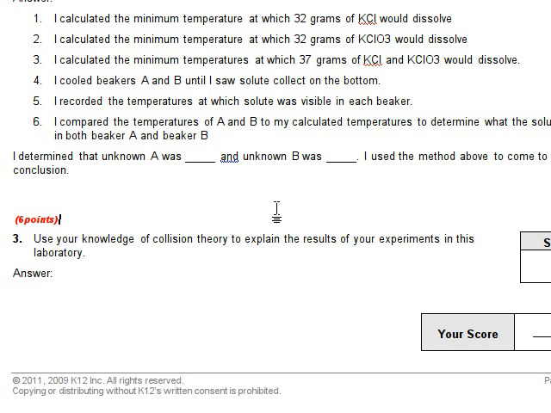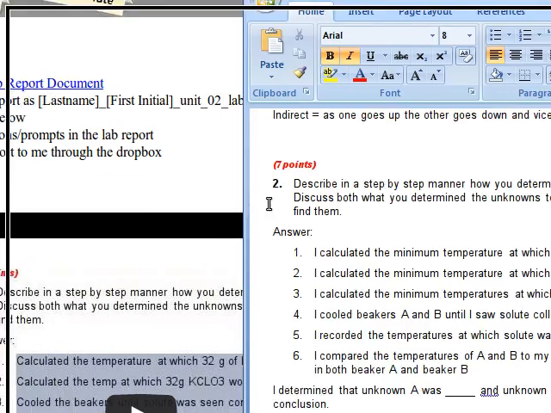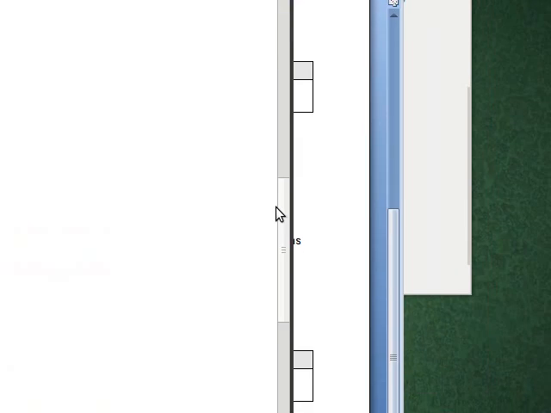And B, collision theory usually is used to explain the speed of chemical reactions, not solubility. So I'm going to give you a sample answer here that you can use as a guideline for your answer. I don't want you to copy it down exactly, but I do want you to use it as your guide. So reword it. Don't use the exact same thing.